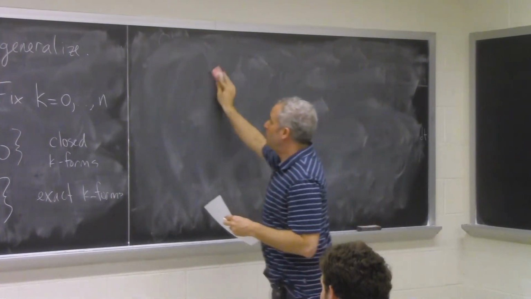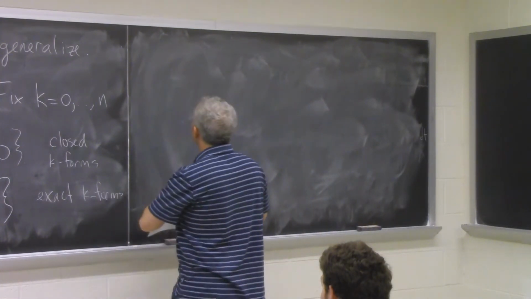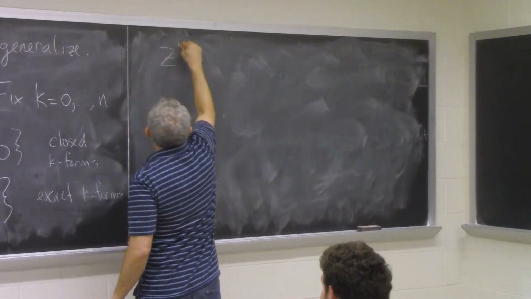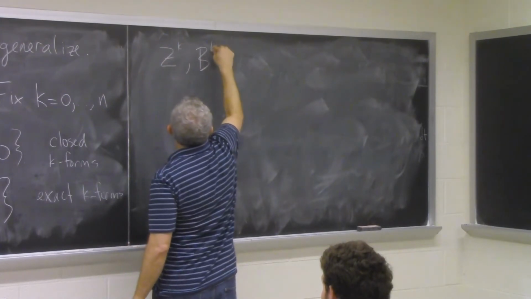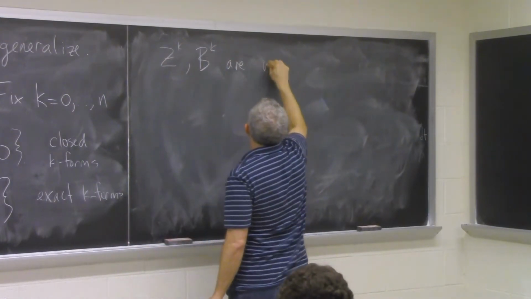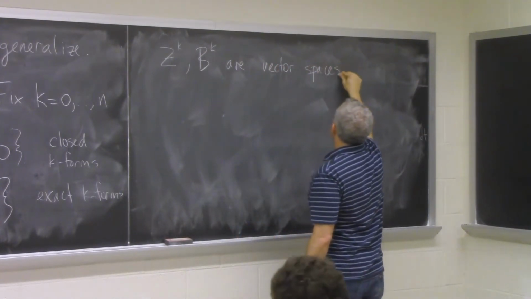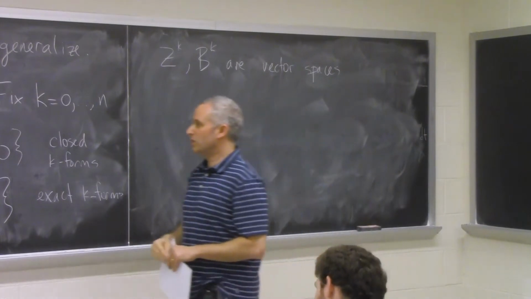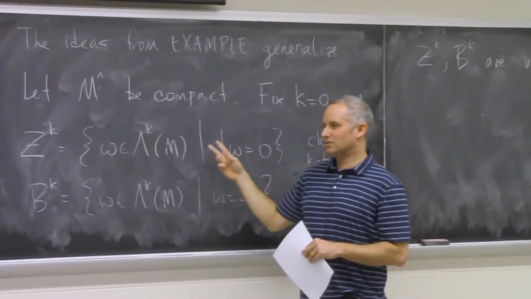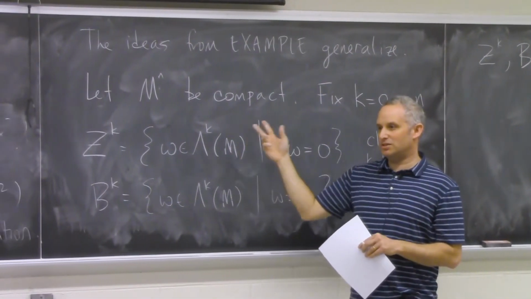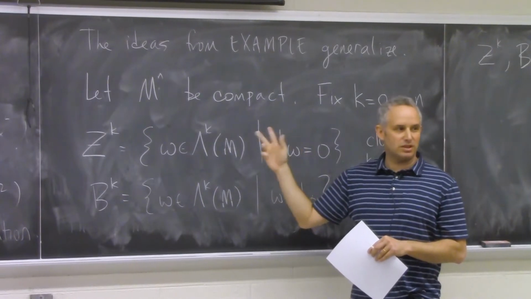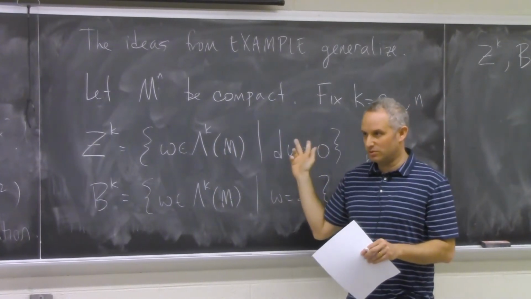So just some simple observations. Z^k and B^k are vector spaces. Right? If you add two things whose d are 0, then d of their sum is 0. And if you multiply them by a scalar, the same is true.